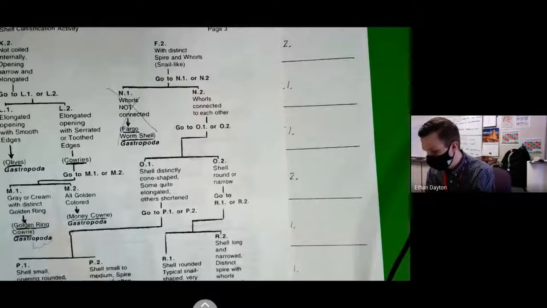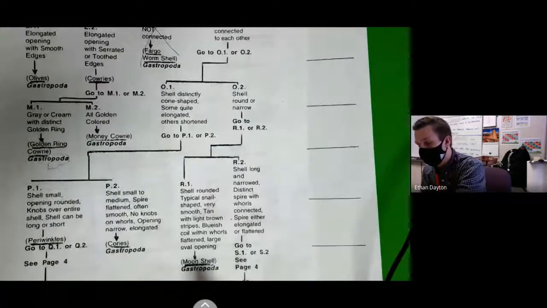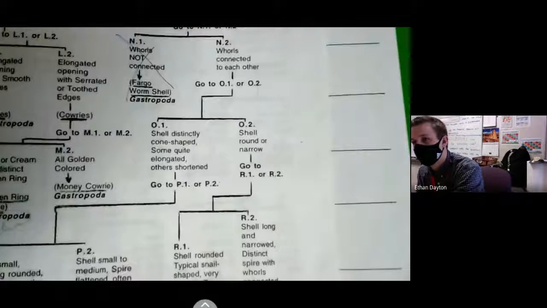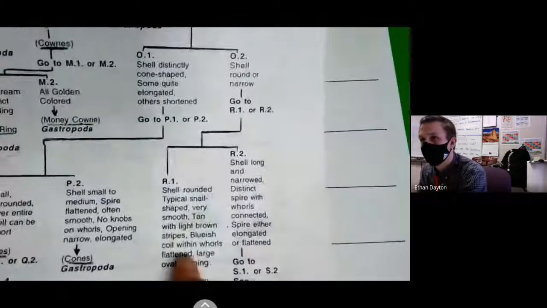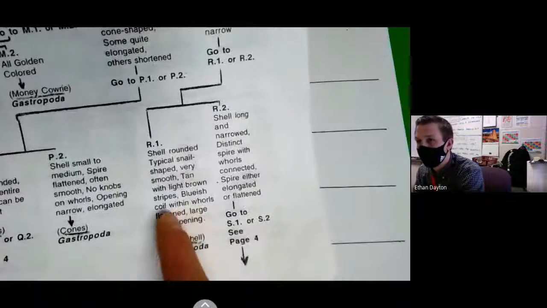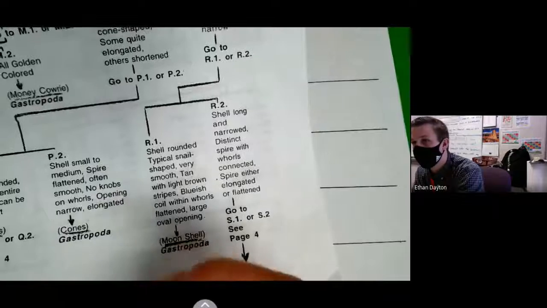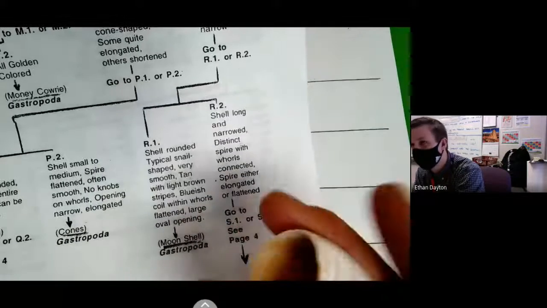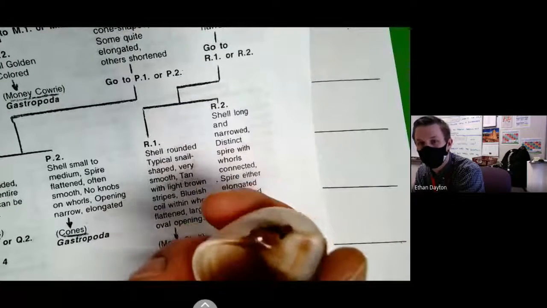All right. We're getting close, getting down to the nitty-gritty. Now, the shell, is it rounded? A typical snail-shaped? Oh my goodness, Mr. Aiden, figure it out. Very smooth, tan with light brown stripes. Is it bluish coil up here within the whorls? Flattened, large, oval opening? I would say that just about nails it, don't you?